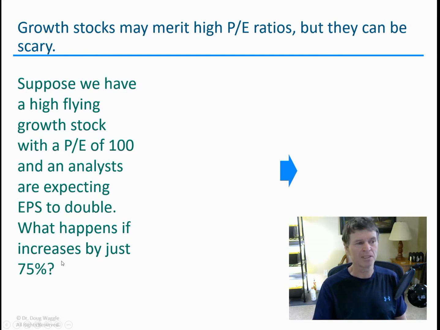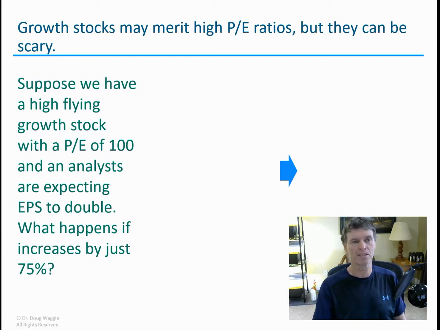What happens if earnings increase just by 75% instead of 100%? Remember, stocks are priced based on expectations. If we've been expecting earnings to double, that's really, really good. But they go up just by 75%, which is still really, really good.